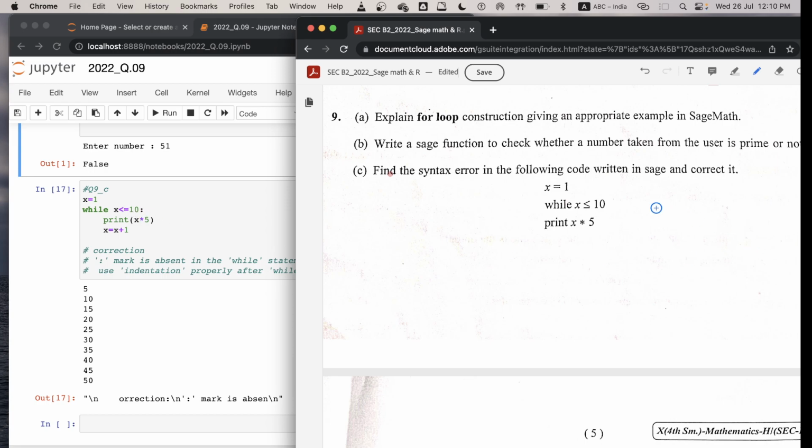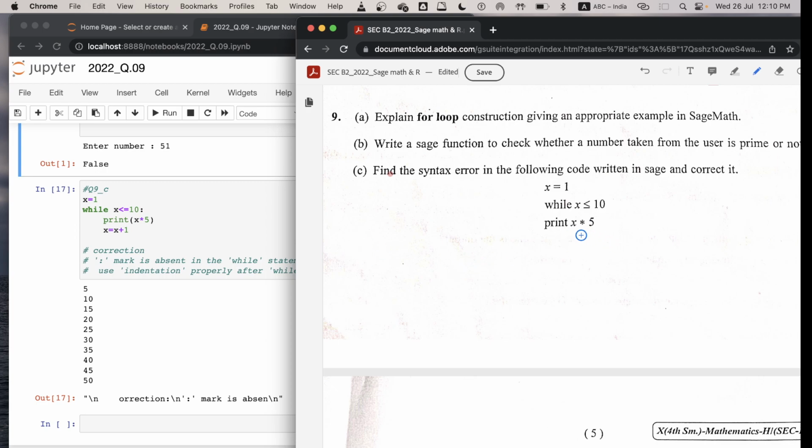10, and there is no colon, but put a colon here. After the while line there should be an indentation before print, and an indentation before x equals x plus 1. So before print and before x plus 1 give an indentation; there is no indentation here.